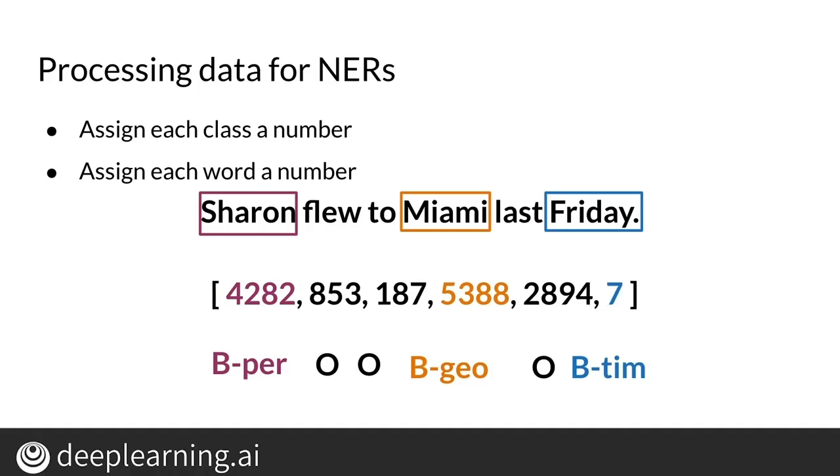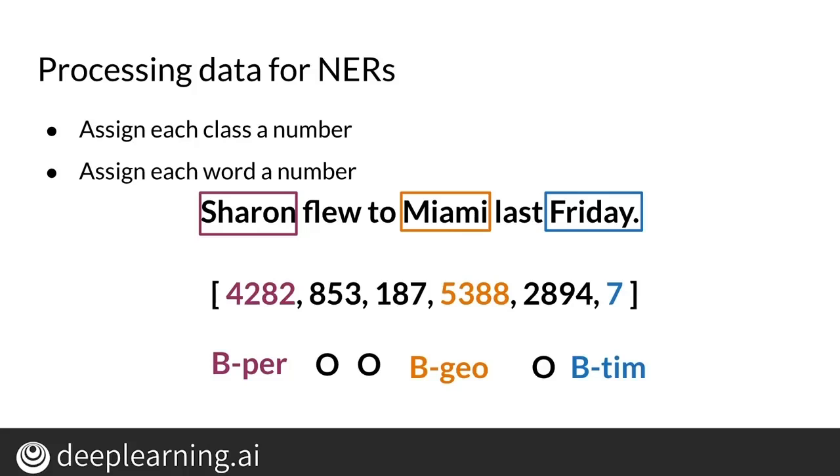So, given a sentence like, Sharon flew to Miami last Friday, you'll get a corresponding tokenized sentence, where 4282 corresponds to the index of Sharon. 853 corresponds to flew. 187 corresponds with to, and so forth. The O corresponds to the O class, which denotes a filler or unrecognized word. Note also that the numbers you see here are random and are assigned when you process your data.